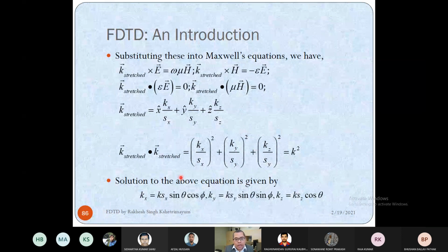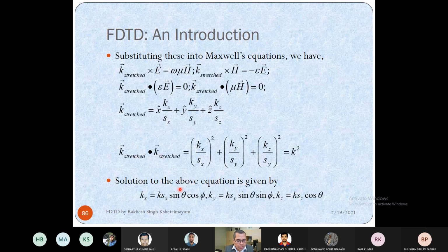Now surprisingly, if I take Kx equal to K sx sine theta cos phi, Ky equal to K sy sine theta sine phi, and Kz equal to K sz cos theta, then you can observe that the scale factors Sx and Sx cancel out, Sy and Sy cancel out, Sz and Sz cancel out. Finally, when I do the dot product of K stress with K stress with this solution, it is equal to K squared, that of the free space.